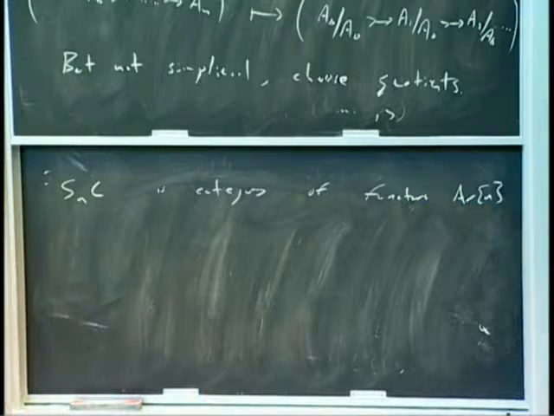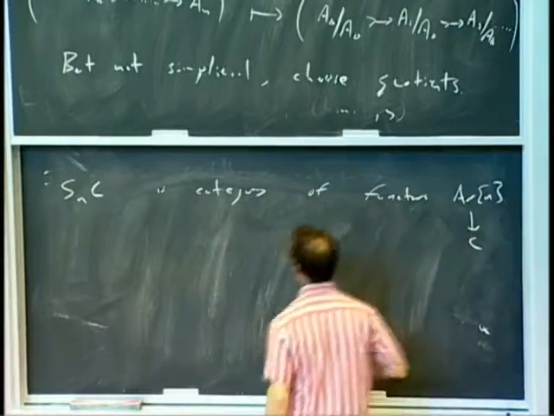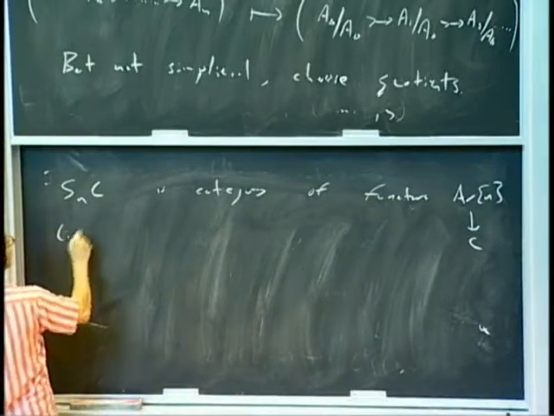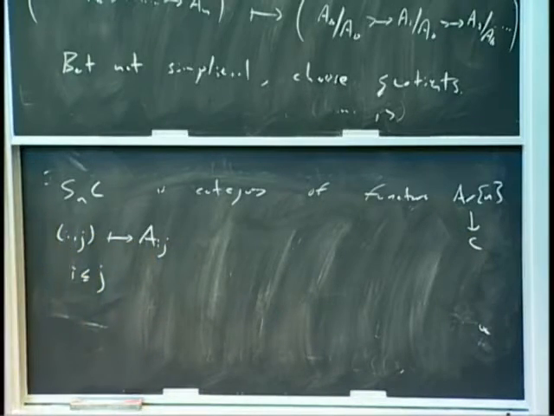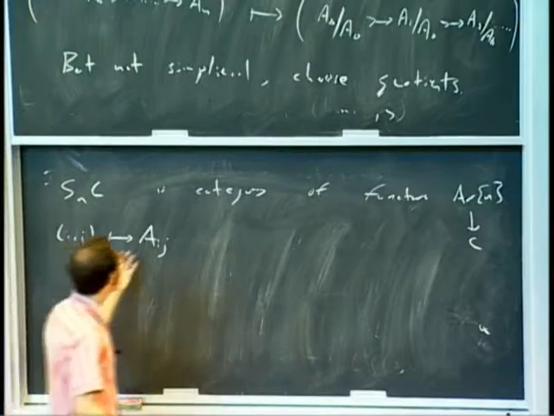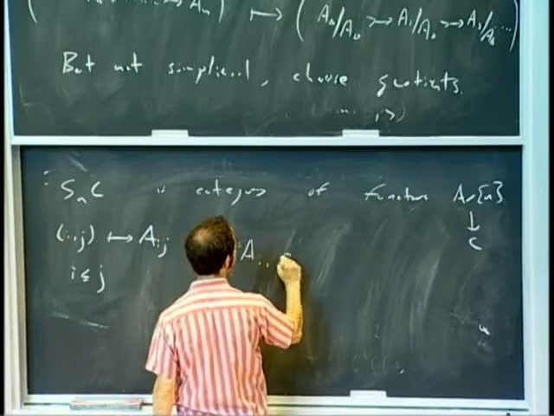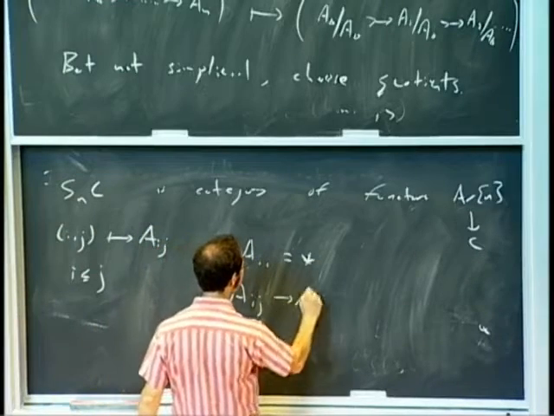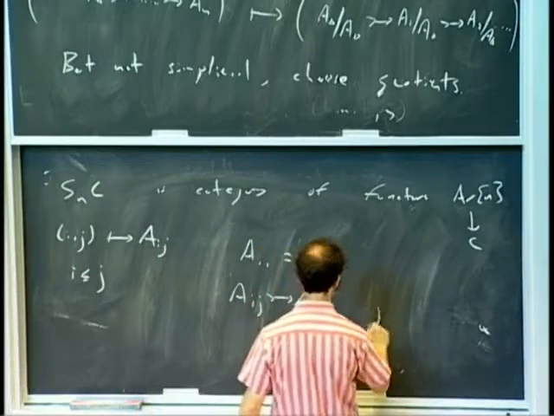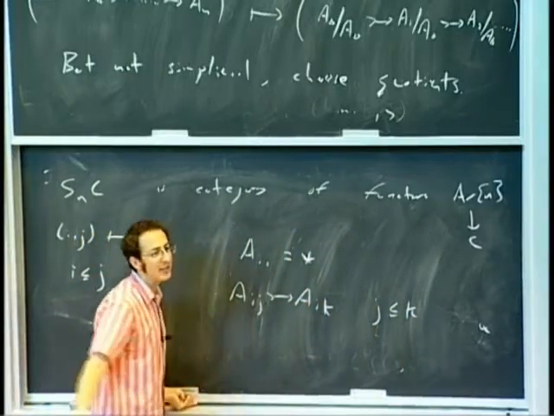That's the category with n objects and a single arrow between each one, as well as the identities, to C. Which means I have ij going to a_ij for i less than or equal to j. And what I'm going to require is that a_ii is the point, and that a_ij to a_ik for j less than or equal to k is a cofibration. And I'll draw a more illuminating picture of this in just a second.